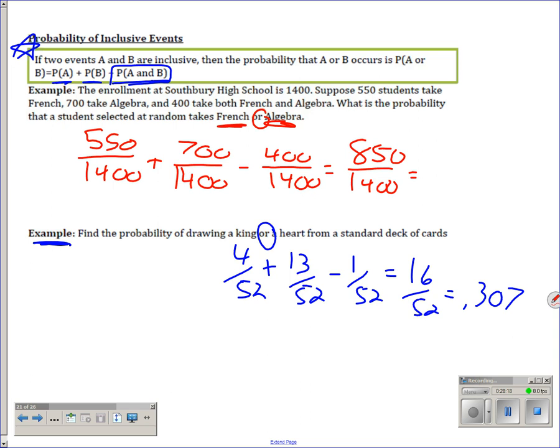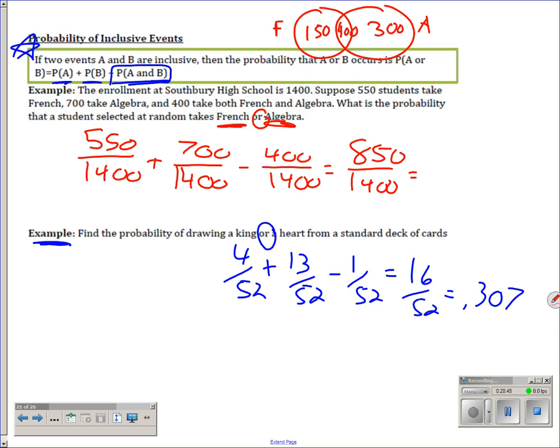Okay, let's think about it this way then. Let's draw a Venn diagram to model it. Some students don't take either. Here is French, here is algebra. You have 400 here, which means in French you have 150 because that adds up to 550. And over here you have 400 and 300 will add up to 700.